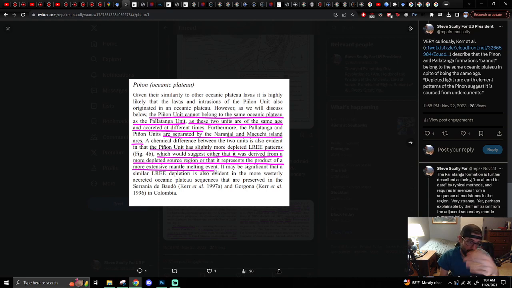Same thing, more extensive, like a primary mantle puncture hole that flows out in all directions and fills the whole globe, and in so doing, it becomes depleted.